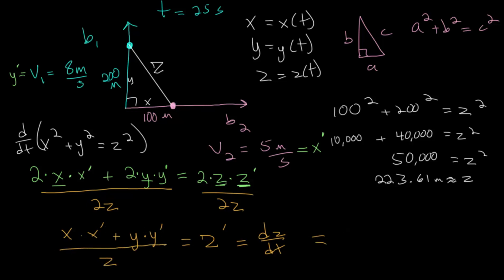Plugging in our values, we know that x is at 100 meters, and it's changing with respect to time at 5 meters per second. We can ignore the units, but if you put the units in, you will see that they cancel out and are essentially equal to meters per second, which is what we would expect.